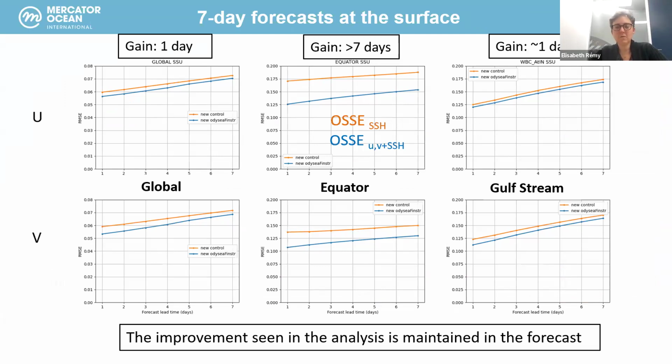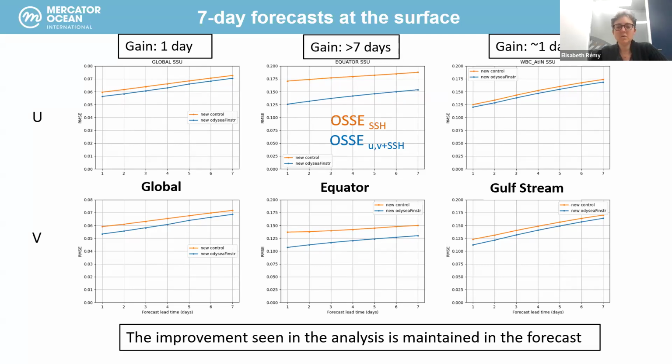In orange, we have the one with the SSH, and in blue, it's when we assimilate the surface velocity in addition. We can see that overall for the global statistics and at the equator and also the Gulf Stream, the information is retained in the forecast, and it means a gain of 1 day for the global statistics.